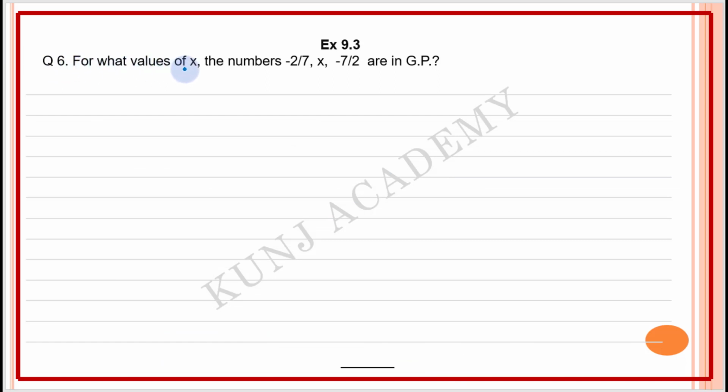Question: for what values of x are the numbers -2/7, x, -7/2 in GP? x का हमें मूल्य ज्ञात करना है ताकि ये तीनों GP में हो जाएं.